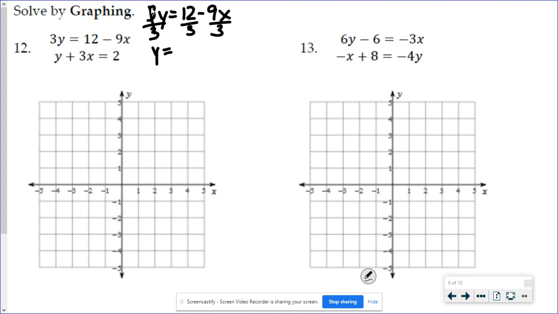Y equals. Now, I also like this to be in slope-intercept form, so I would put the x thing first. And if I'm looking at the negative 9x divided by 3, I'll get a negative 3x. And 12 divided by 3 is 4, which means I'm going to begin at 4, and I have a negative 3 or a negative 3 over 1 slope. So I'll move down 3 over 1, and there is my line.